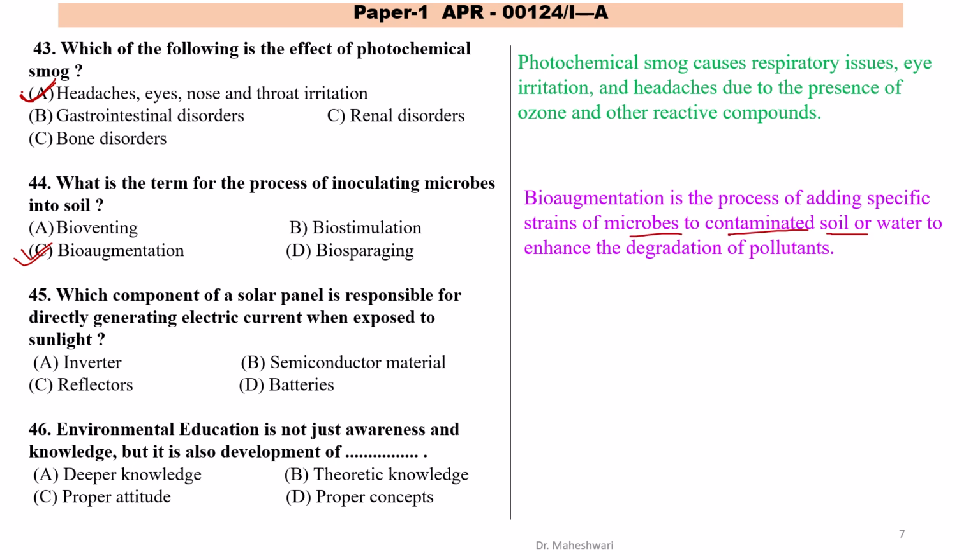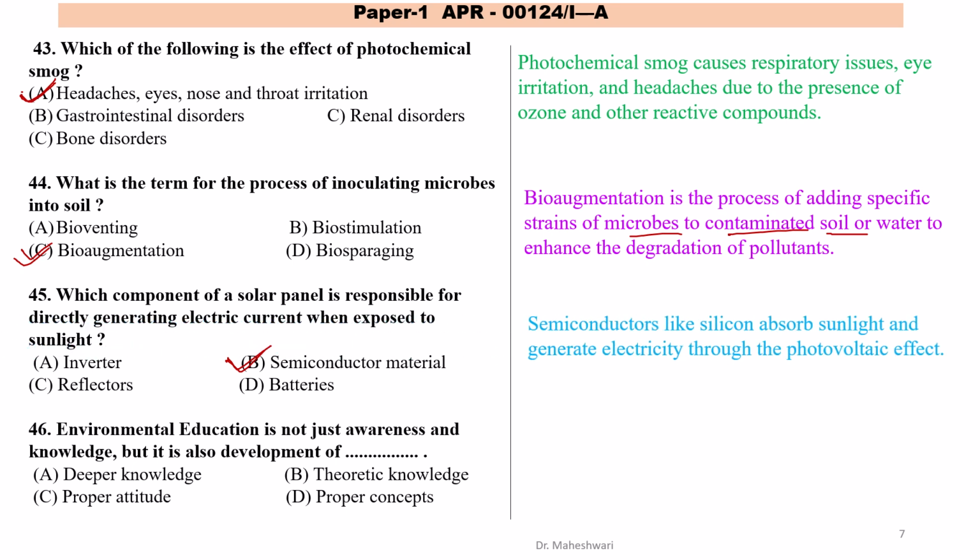So next question is, which component of the solar panel is responsible for directly generating electric current when exposed to sunlight? If you see the options, semiconductor material is the correct option, because the others are not related with electric generation.